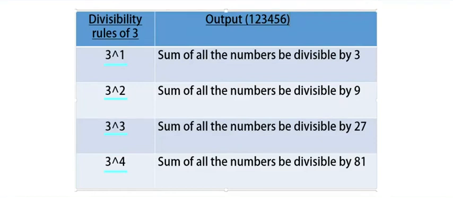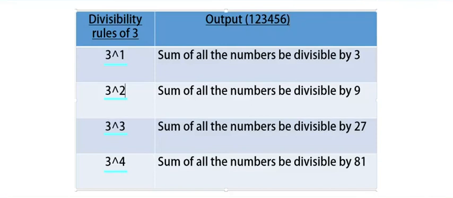We do 1 plus 2 is 3, 3 plus 3 is 6, 6 plus 4 is 10... the sum is 21. Is 21 divisible by 3? 3 sixes are 18, 3 sevens are 21. That means the number 123456 is divisible by 3.